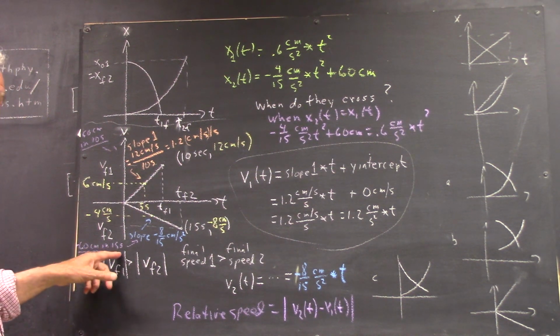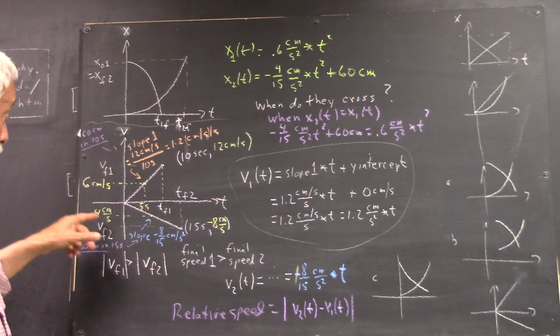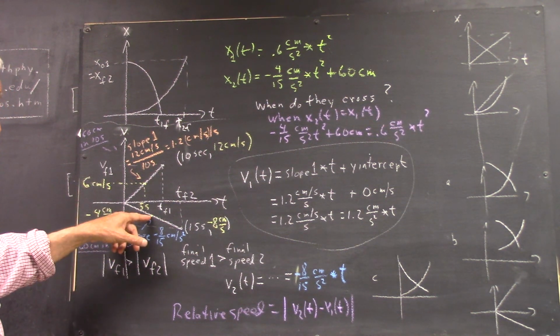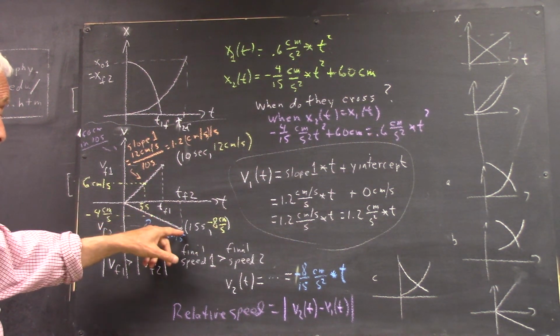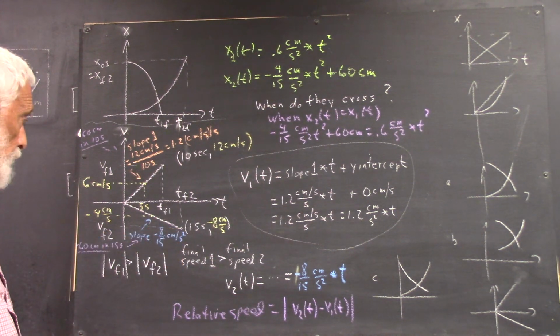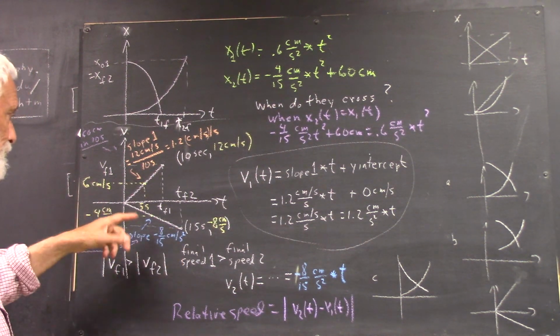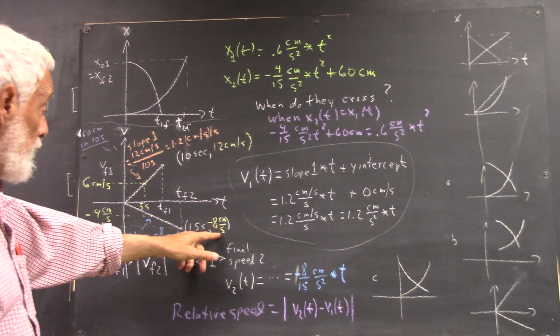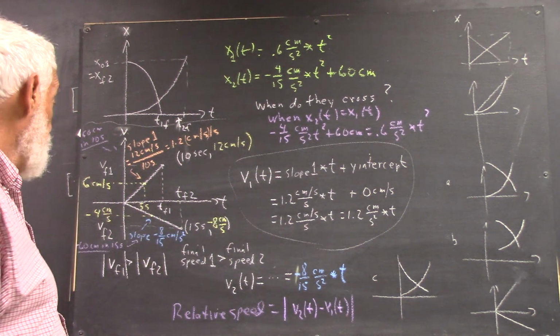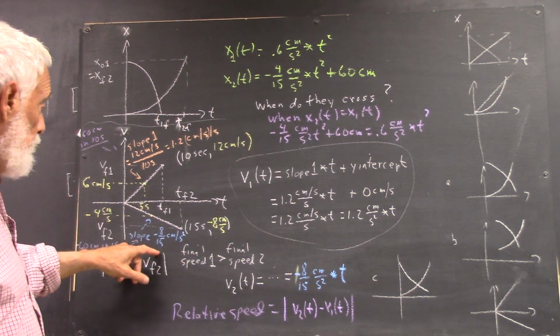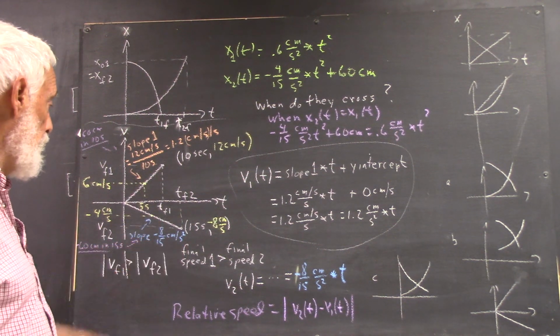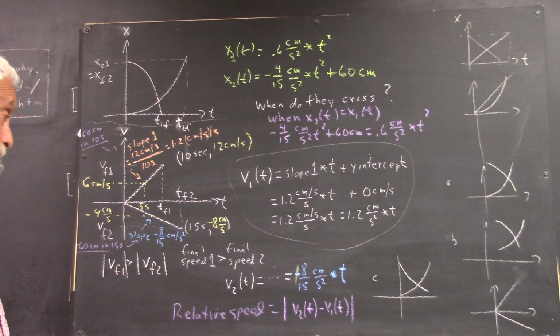Negative 60 centimeters divided by 15 seconds is negative 4 centimeters per second. That occurs at the midpoint. At the final point, you're going to have a negative 8 centimeters per second at a time of 15 seconds. And from that we determine the slope is negative 8/15 centimeter per second squared.